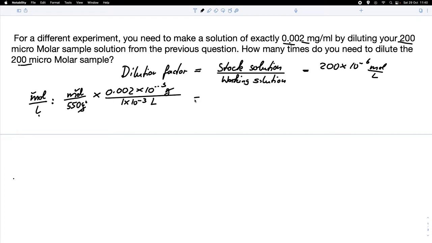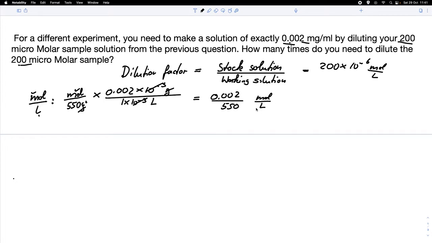So we can write the concentration of the working solution as 0.002. Now the 10 to the minus 3 even cancels out, so we don't have to worry about that. Divided by 550, and the unit that we have left is mole per liter.